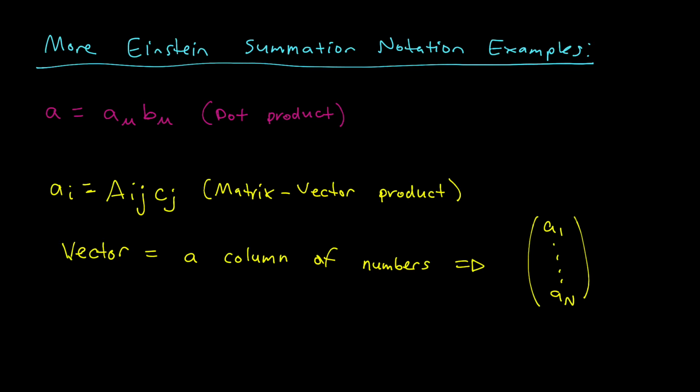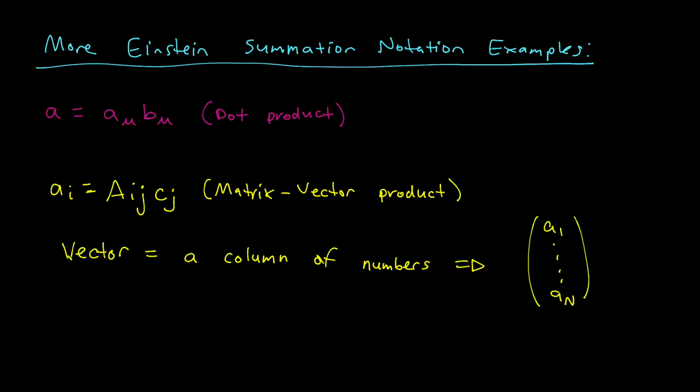A dot product between two vectors A and B is just a sum over all of its indices, A_mu times B_mu.